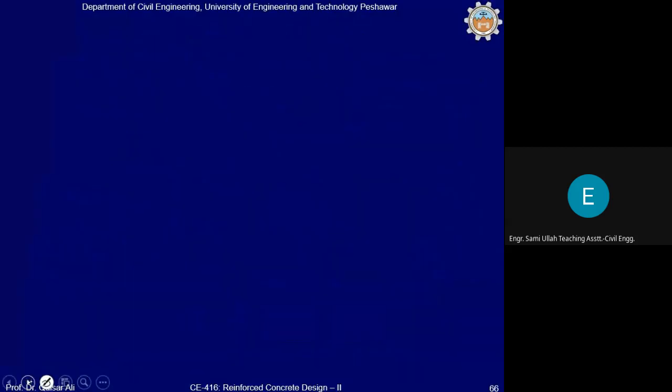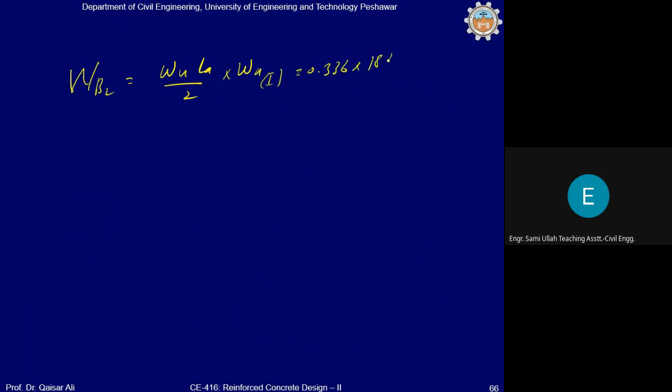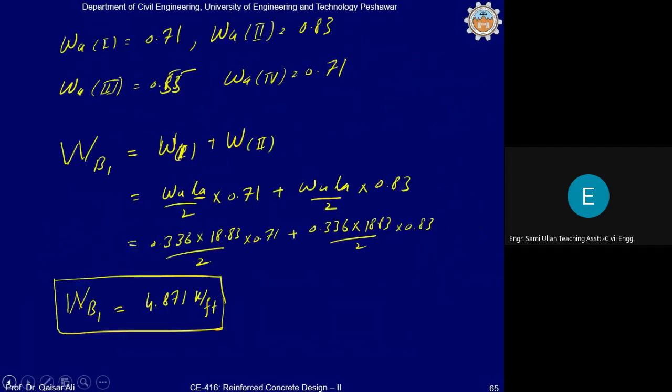So WB2 is equal to WU LA by 2 multiplied by WA of panel 1. This is equal to 0.336 multiplied by 18.83 divided by 2 multiplied by 0.71. ये ऑलरेडी हम यहाँ पर कैलकुलेट कर चुके हैं.